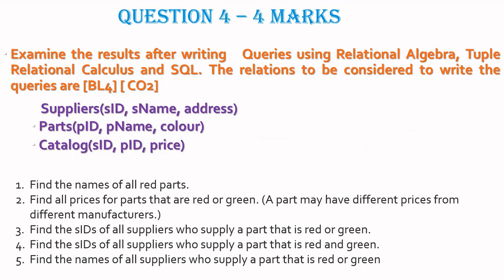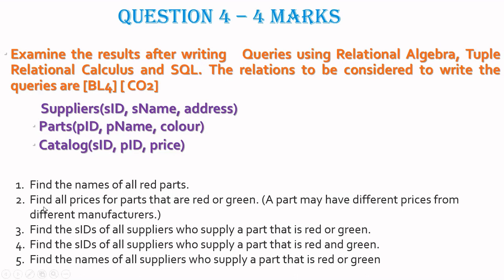CO2. Examine the results after writing queries using relational algebra, tuple relational calculus, and SQL. The relations to be considered to write the queries are suppliers, parts, as well as catalog. You are supposed to write the queries for these 5 questions.